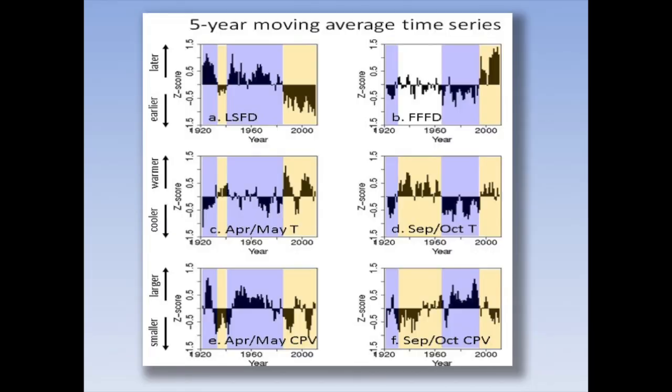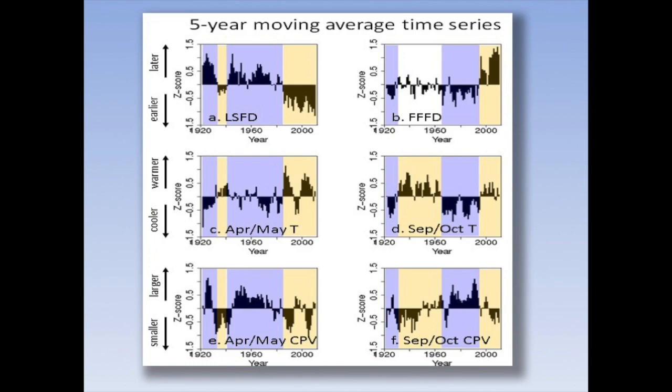These are 5-year moving averages of last spring frost date and first fall frost dates. And you can see these step changes that correlate really well with April-May temperature and September-October temperature, but also something called the circumpolar vortex, which is related to the Northern Annular Mode, and that is the expansion and contraction of the circumpolar vortex.